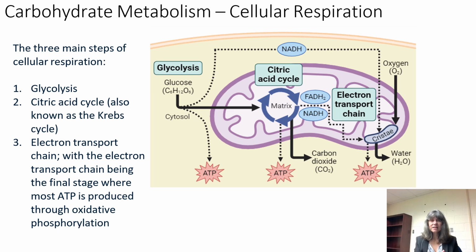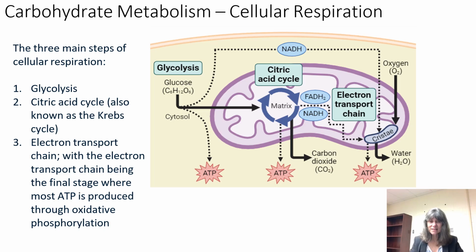Then we're going to go through a process known as the citric acid cycle, which is also known as the Krebs cycle. And then the third main step of cellular respiration is the electron transport chain, with that chain being the final stage where most of the adenosine triphosphate is going to be produced by oxidative phosphorylation.